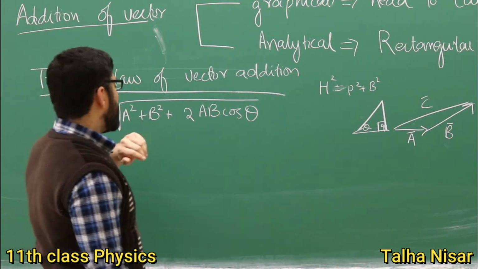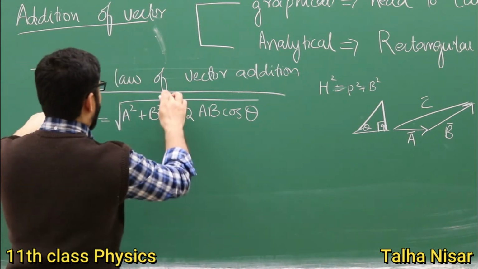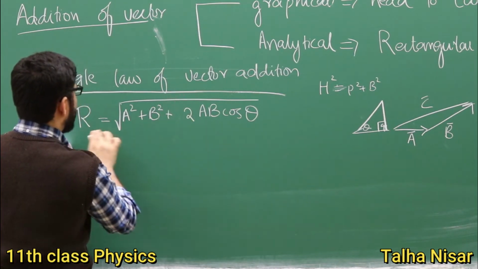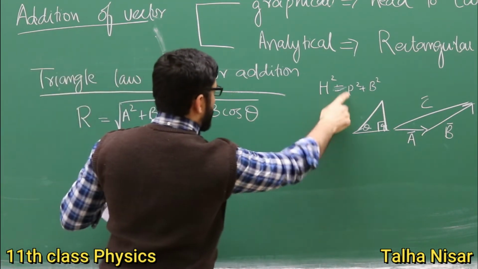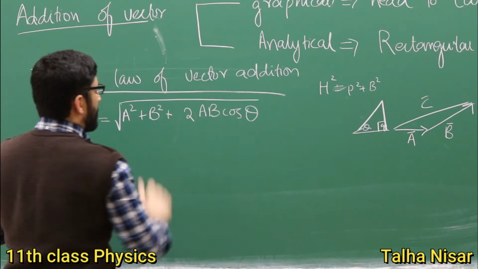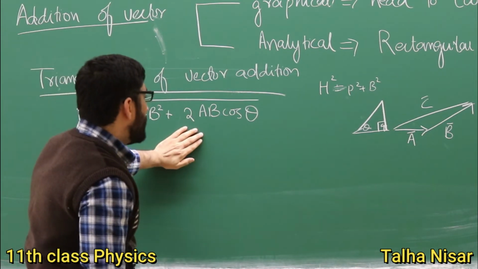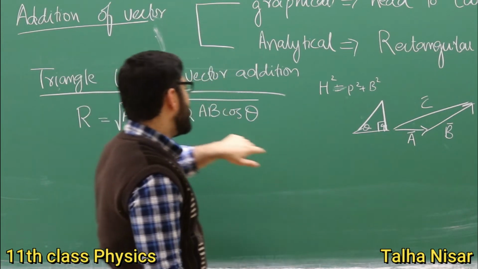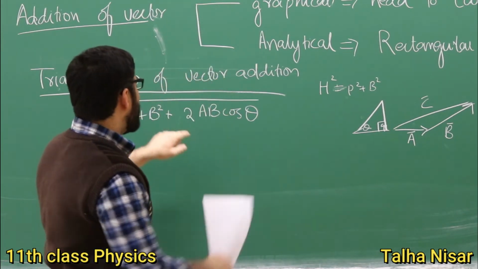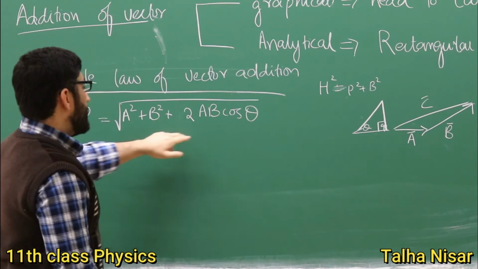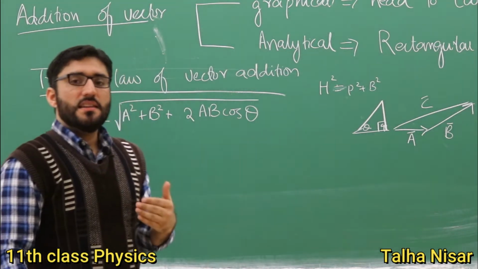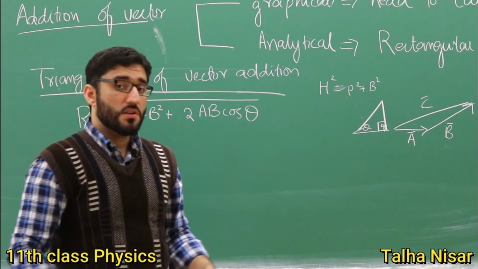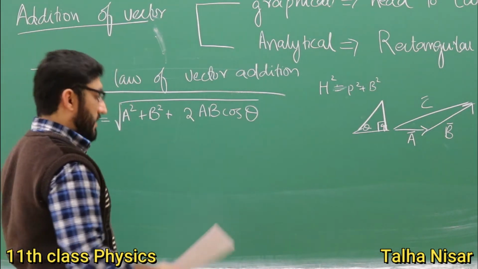If we take only the first part, this is the Pythagoras theorem, but we have this additional factor here. If we put 90 degrees, cos of 90 is 0, so this part is 0, and when the angle is 90 it becomes the Pythagoras theorem. So it perfectly fits.